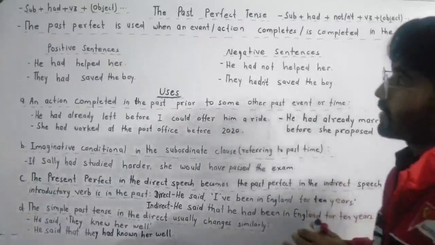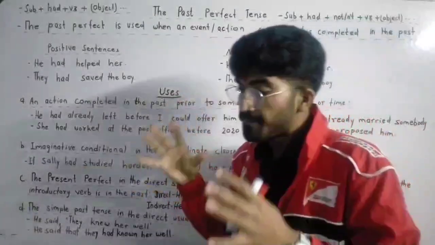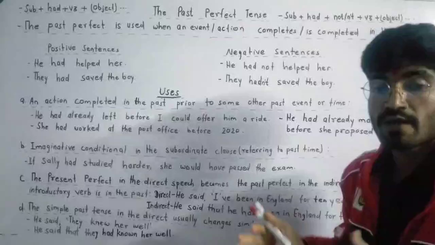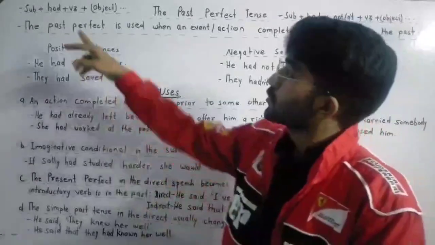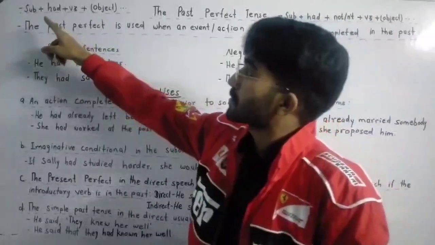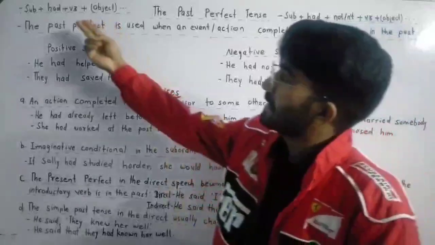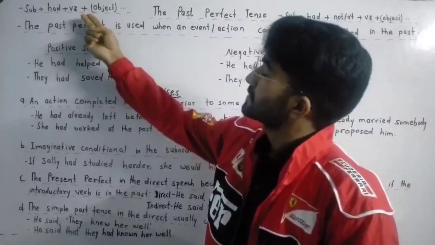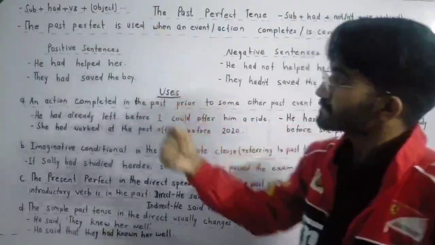While forming positive sentences, we use this structure: subject, then had, then verb 3, and then object.